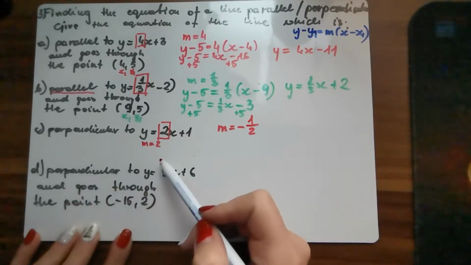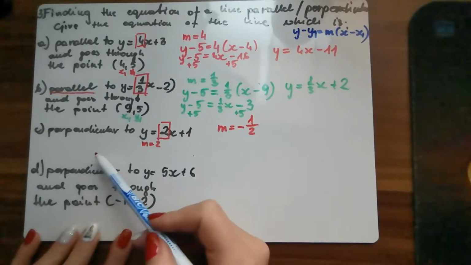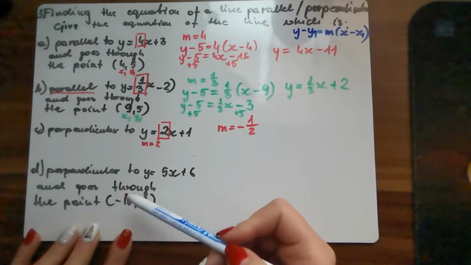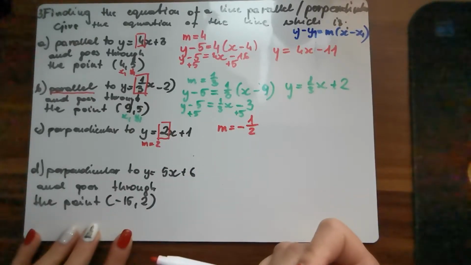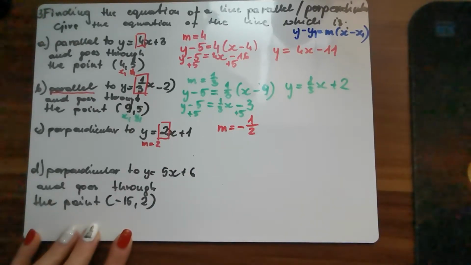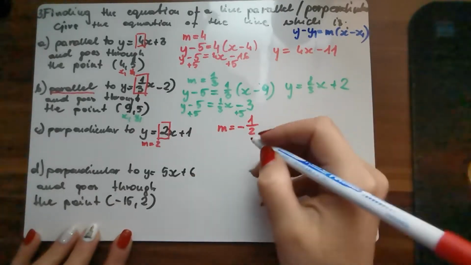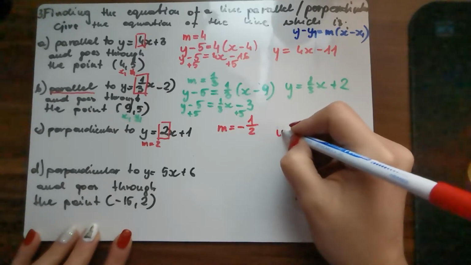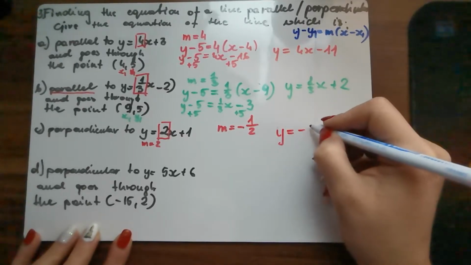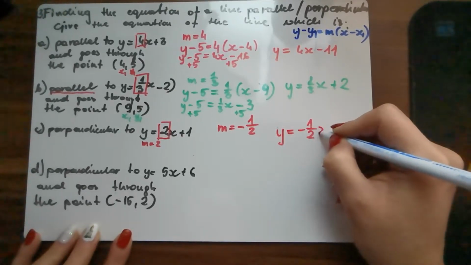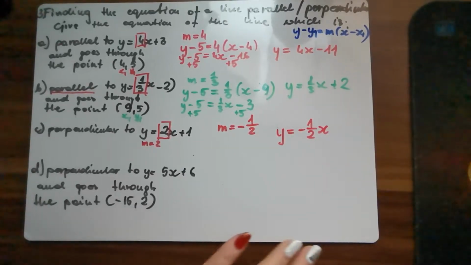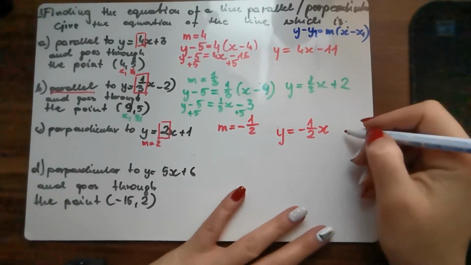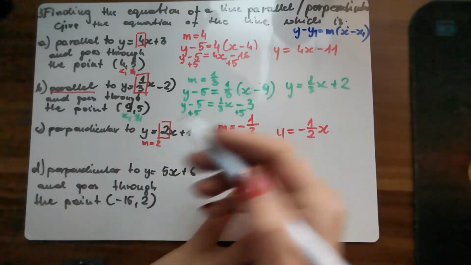And I don't have anything else. I need to only find perpendicular lines. So it might be any line that will be perpendicular to this one. So basically the point is not important for me right now. So y will be equal to -1 over 2 x and any number.